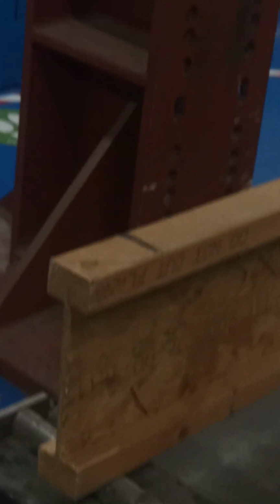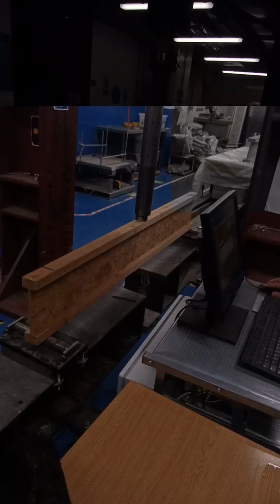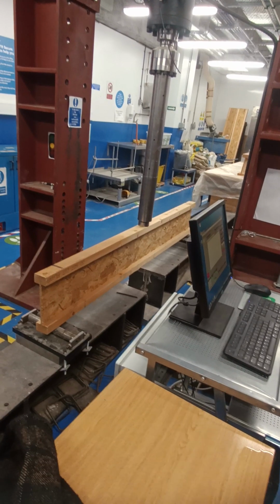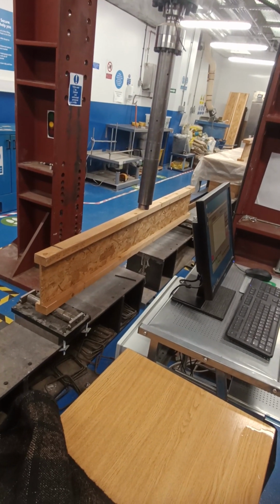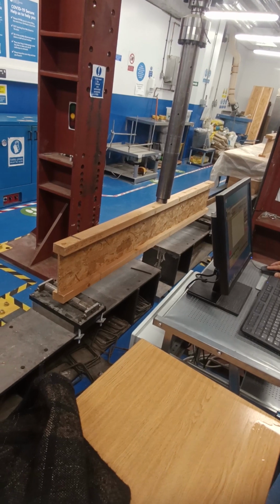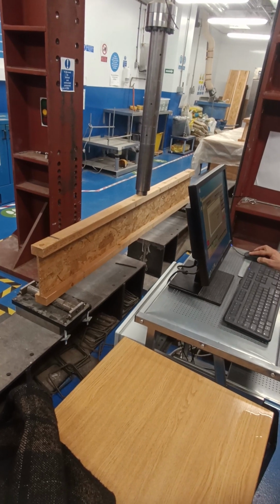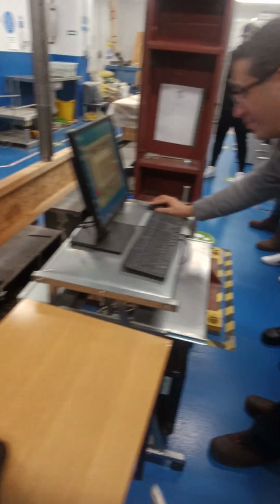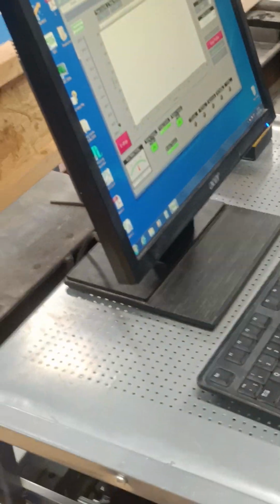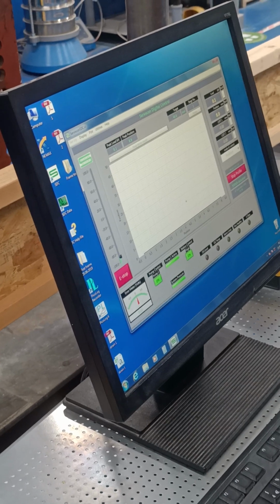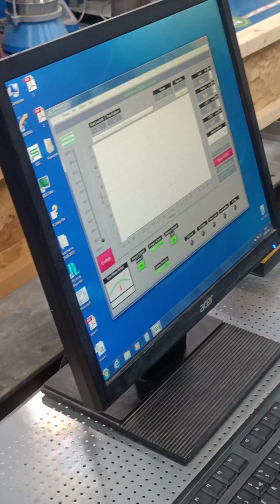You may want to stand a little bit away, because when it is breaking, pieces might come off. And we go. It still hasn't reached loading.